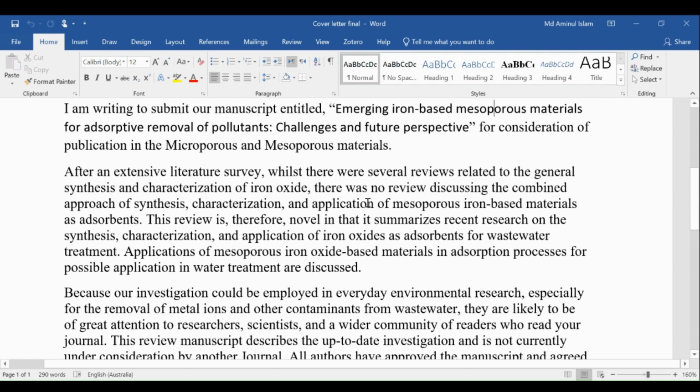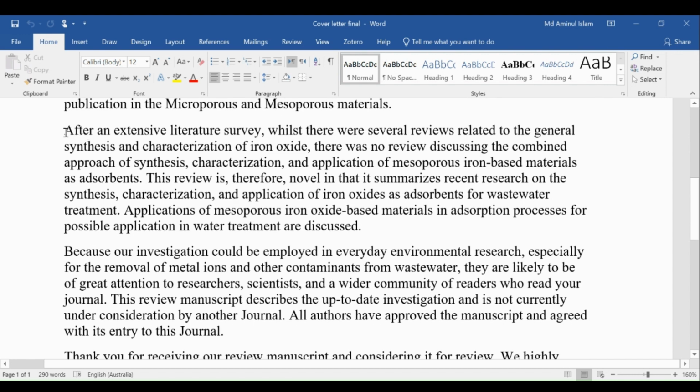This review is therefore novel in that it summarizes recent research on the synthesis, characterization, and application of iron oxides as adsorbent for wastewater treatment. Applications of mesoporous iron oxide based materials in adsorption process for possible application in water treatment are discussed.